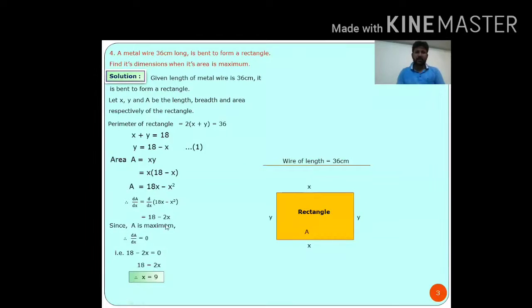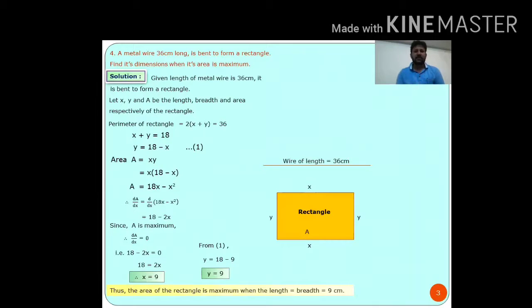After this, to find the value of y, take equation 1 again. y is 18 minus x, that is 18 minus 9, which is 9. So the dimensions of the rectangle are obtained: length is equal to breadth is equal to 9. The area of a rectangle is maximum if length and breadth are both equal.